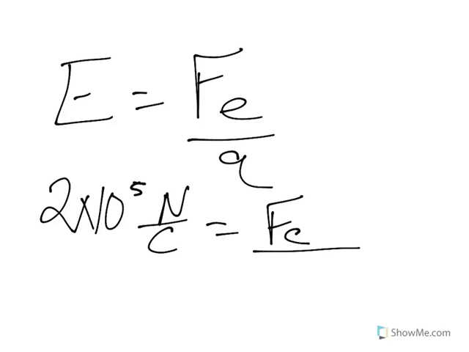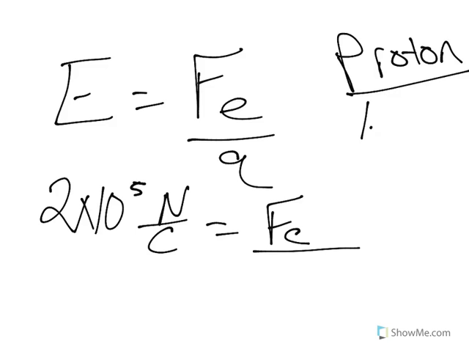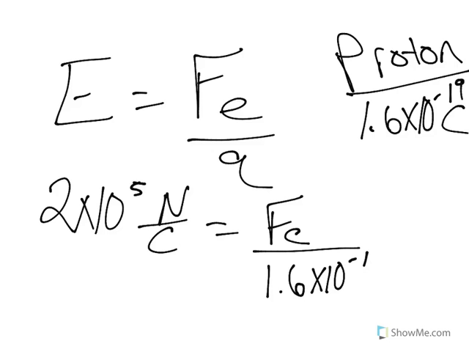Now, Q is kind of an unknown quantity, but it's a proton, and a proton has a fundamental charge of 1.6 times 10 to the negative 19th coulombs. So that is the charge. Since it's a proton going through this electric field, it experiences a force based upon its charge, which is 1.6 times 10 to the negative 19th. And if you multiply these two things together, you should get 3.2 times 10 to the negative 14th newtons.